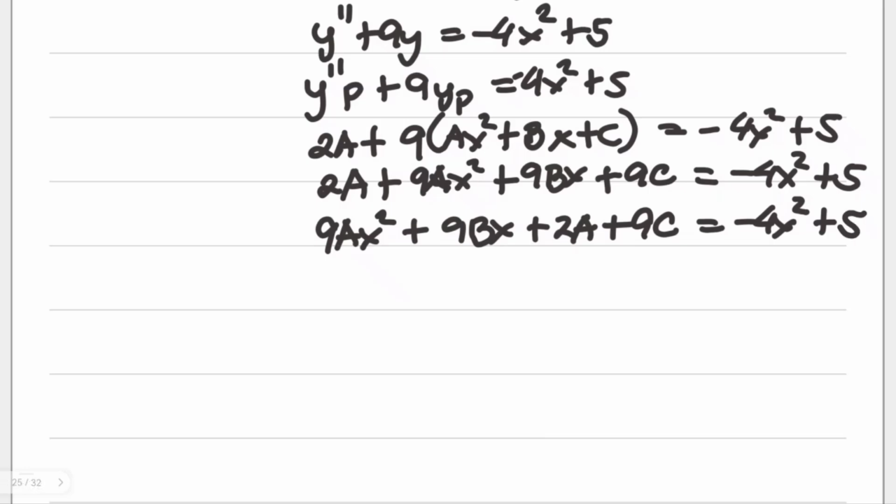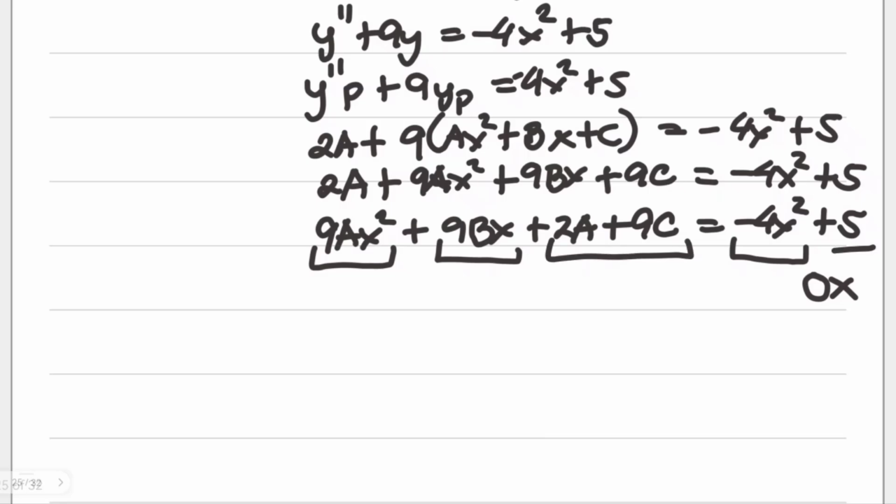We are doing this because to retain the equality, the terms having x squared on the left-hand side should be equal to the right-hand side. Whatever would be the term with x should also be equal to whatever it is on the right-hand side. But since there's no x term here, automatically the x term is 0x. And then the constant here should be equal to 5.